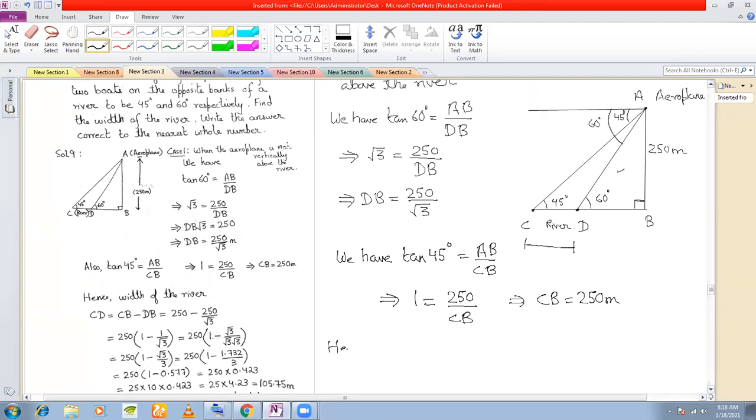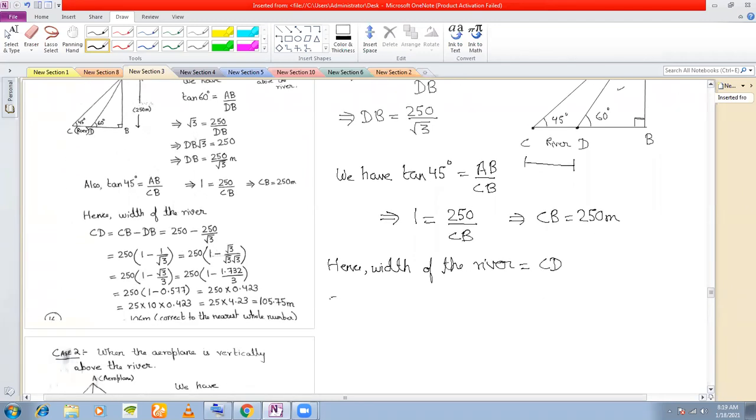Hence, width of the river is equal to CD, which is equal to CB minus DB.